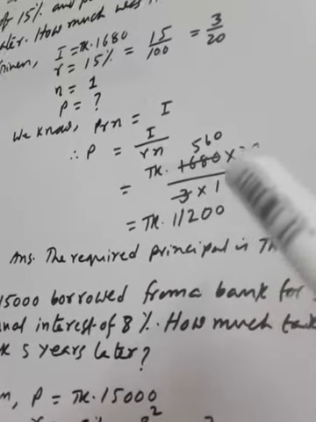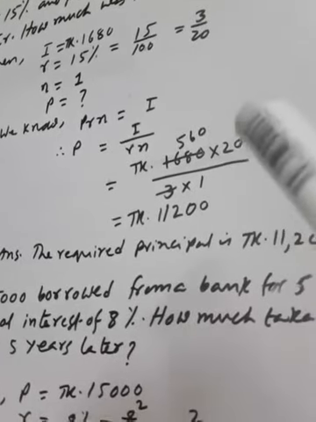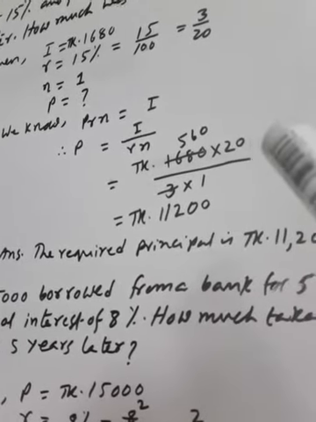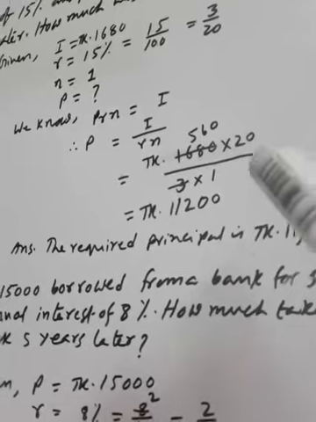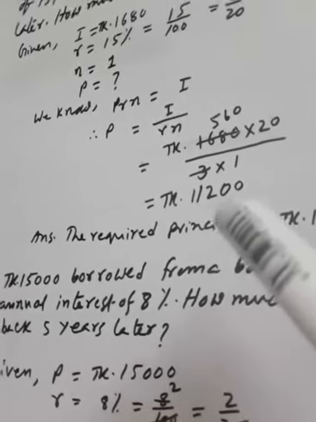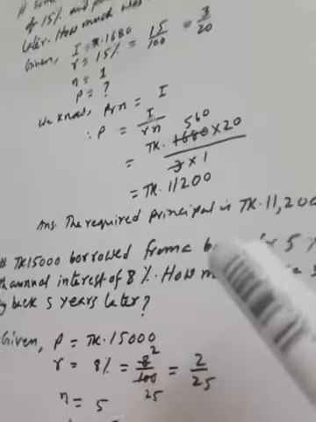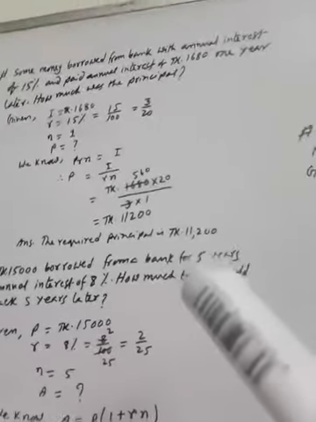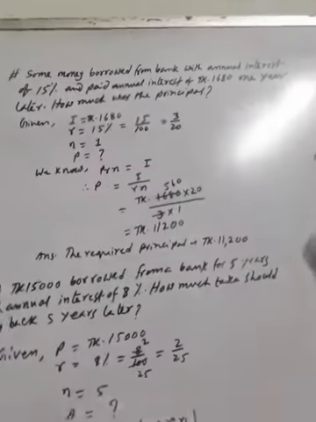Now 1680 divided by 3, 560. 560 multiplied by 20, 11,200. The required principal is taka 11,200.